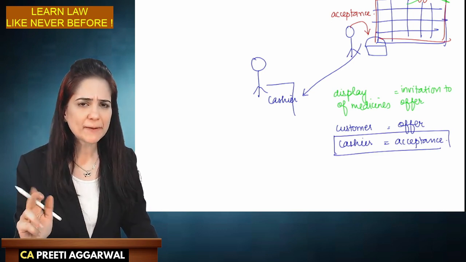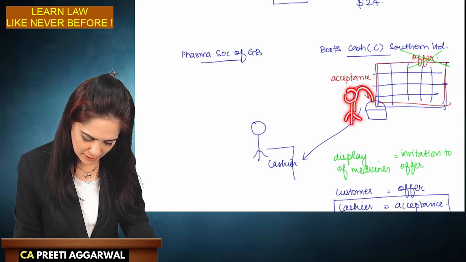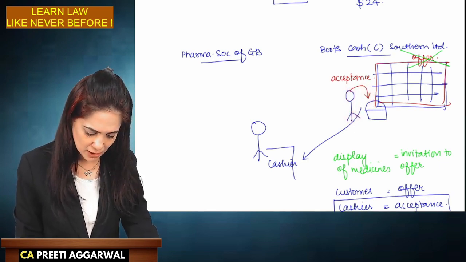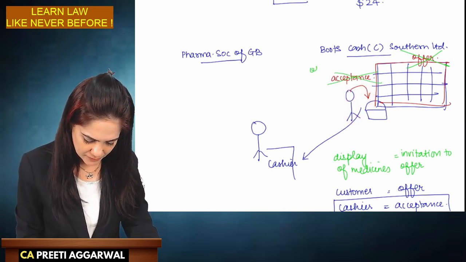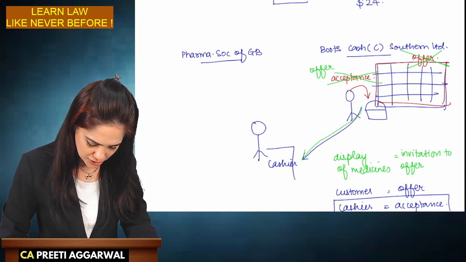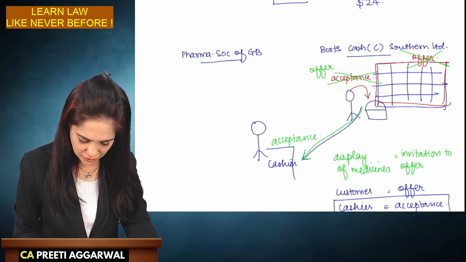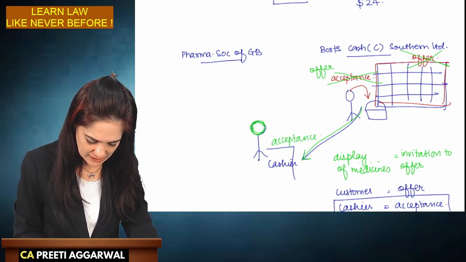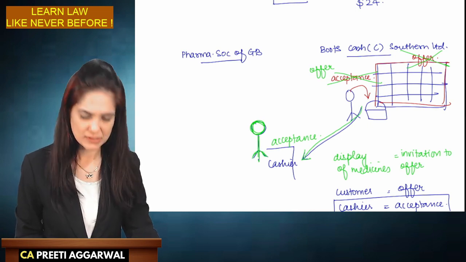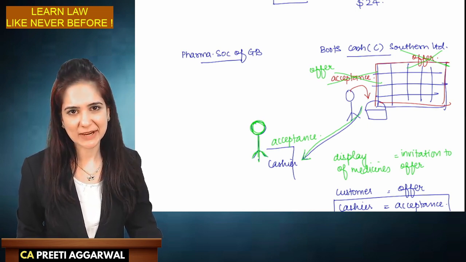So can I say that in this case, when the shoppers put medicines in their basket, this was in fact offer. When they went to the cashier, the acceptance, that is creation of the contract, happened in the presence of a pharmacist. There was no violation of the Pharmacy and Poisons Act.